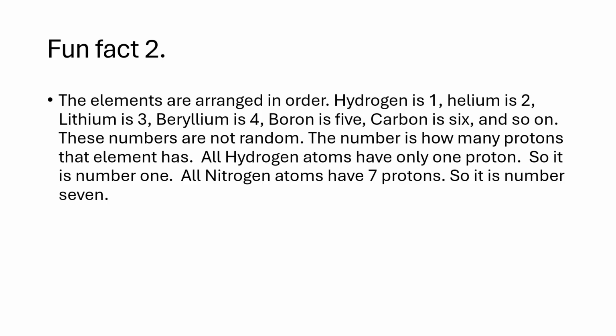Hydrogen has one proton. It can't have two, because if it has two, it becomes helium. All heliums have two, and if it had three, it would be lithium. So the number of protons tells you which element it is. For example, all nitrogen atoms have 7 protons, and so its number is 7, and it comes in place number 7 on the periodic table.